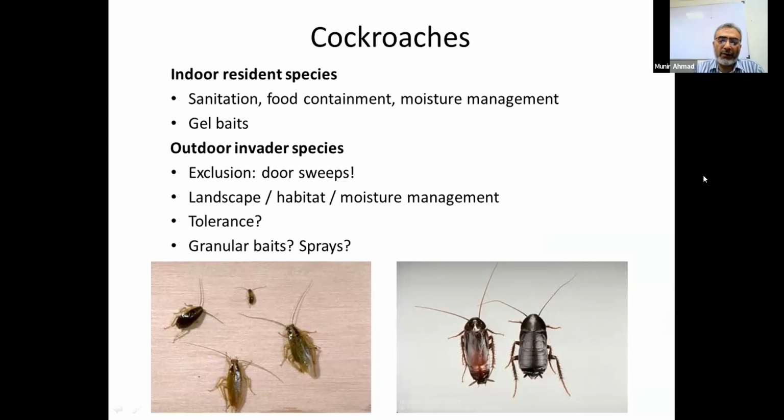They also prefer humid and hot conditions. So you will see them most commonly in the kitchen, baths, toilets, and those areas where humidity is very high. These are nocturnal, meaning they hide during the daytime and they move or invade our living places at night time.